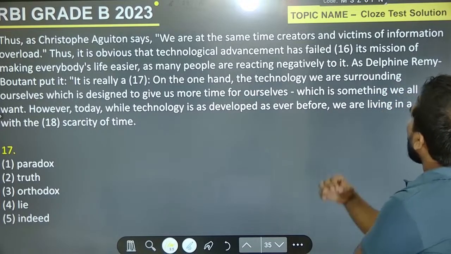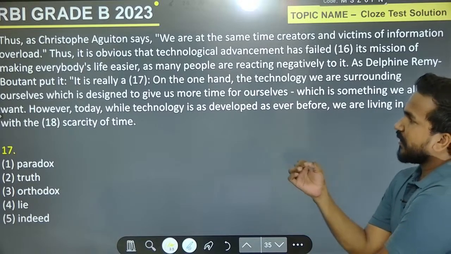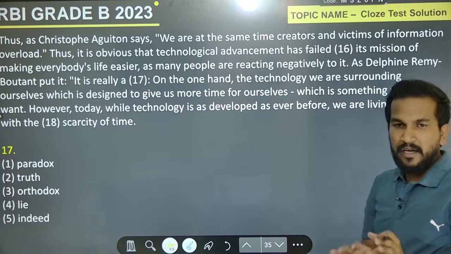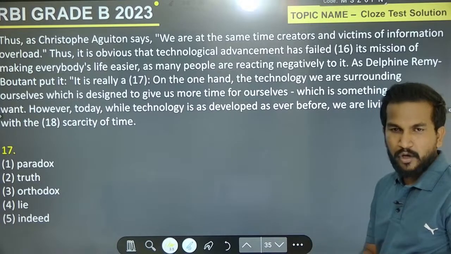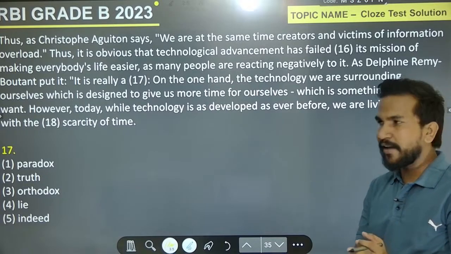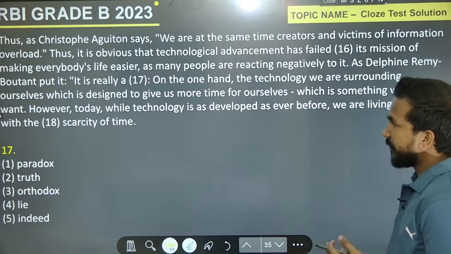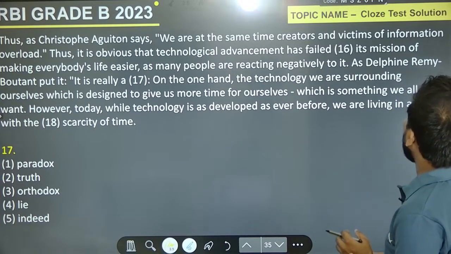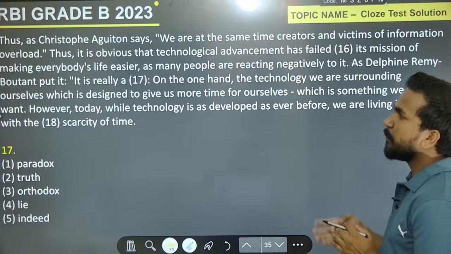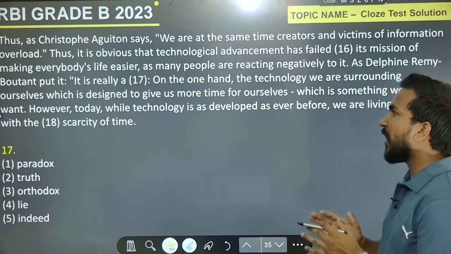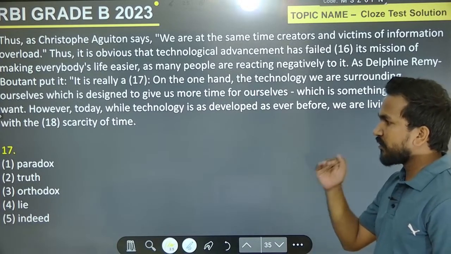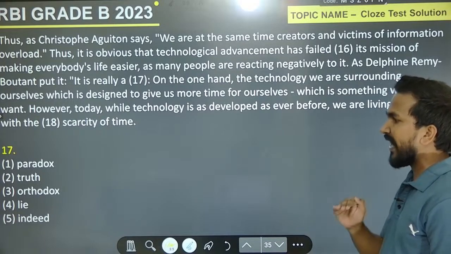Has failed its mission of making everybody's life easier. And definitely yes, technology is not available to make everyone's life easier, as many people are reacting negatively to it. Yeah, definitely they are. As Delphine Reynaud put it, it is really a blank: paradox, truth, orthodox, lie, or indeed.